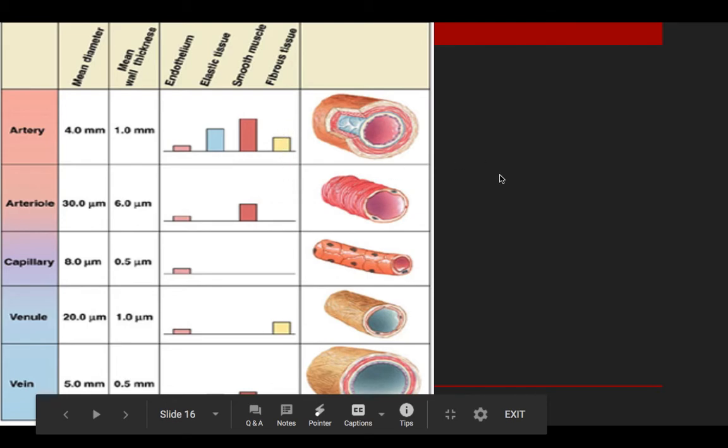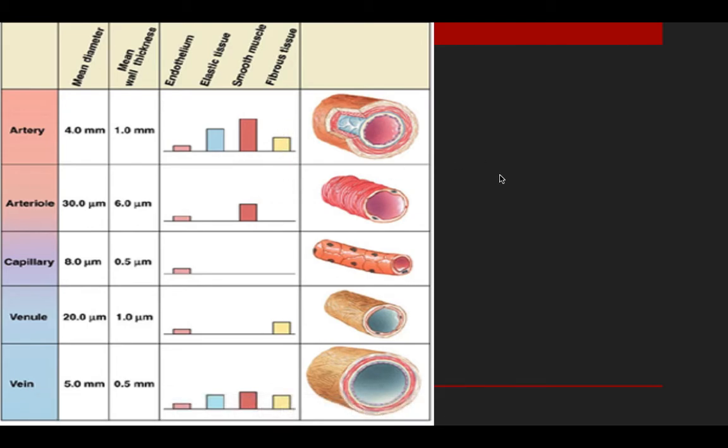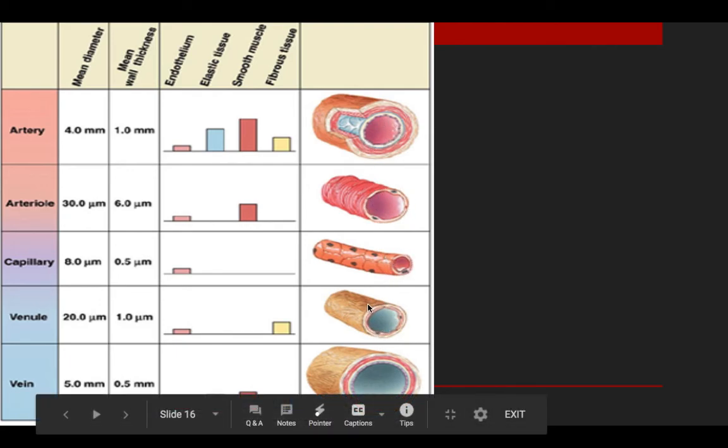And so you can see all five of these blood vessel types have the endothelium that makes up the tunica intima, right there, right there, right there, right? So they all have a tunica intima.